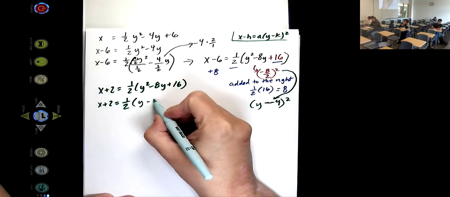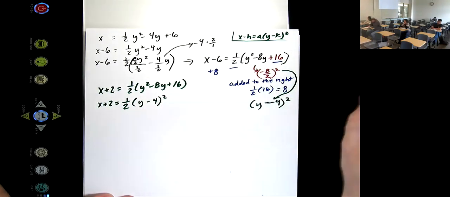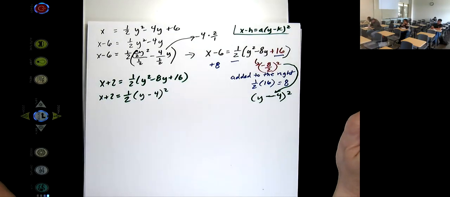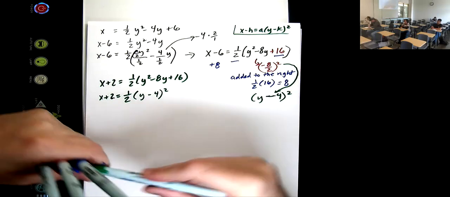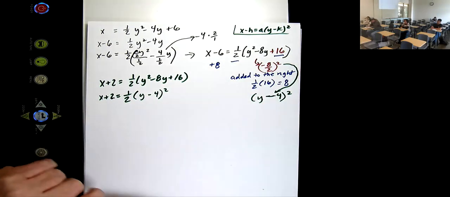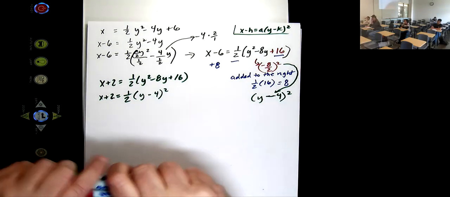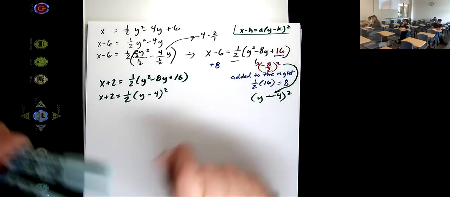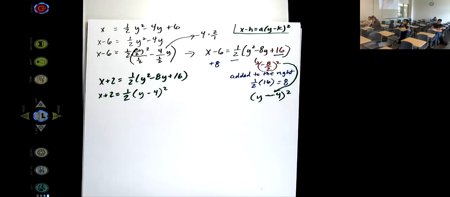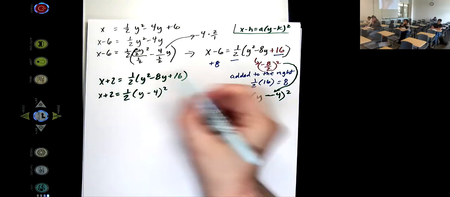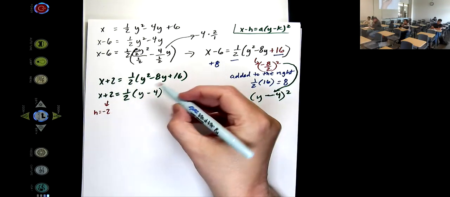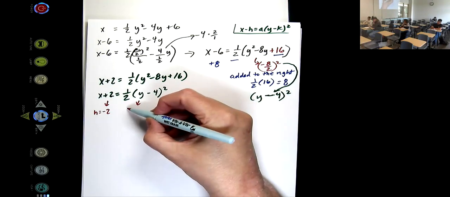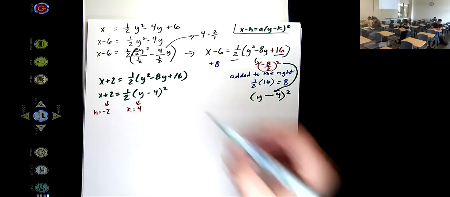Y minus 4. Now we have it in the format we want. This tells me my h is the opposite sign, -2. And this tells me my k is the opposite sign, which is 4.